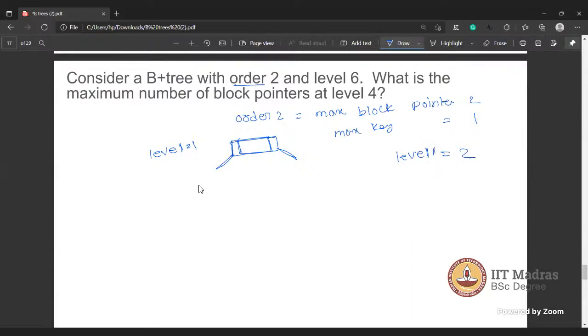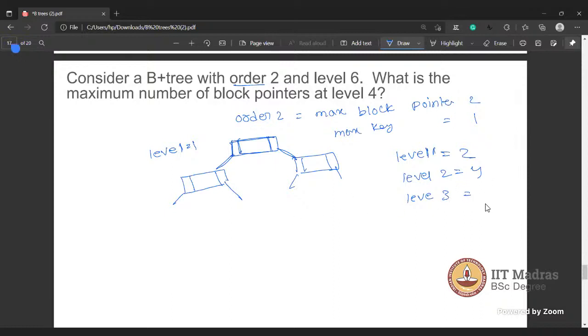Yes, sir. In level 2, 4. So level 2: 1, 2, 3, and 4. Level 2 is 4. In level 3, 16.